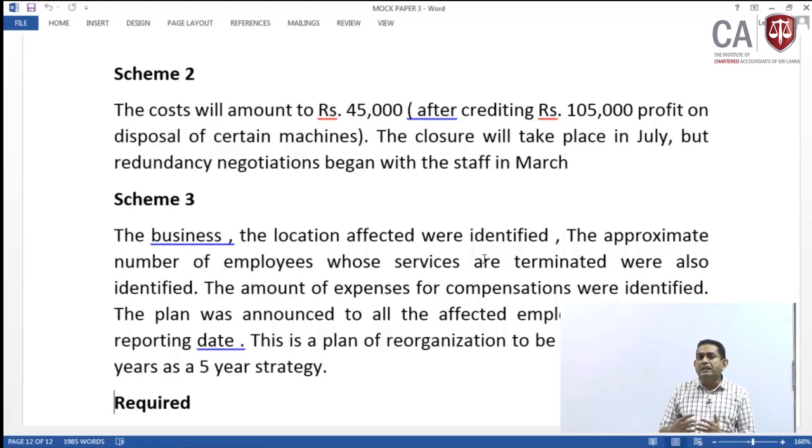So, there is a considerable time delay from the date of announcement right up to the date of implementation. Within 4 to 5 years, the plan can be significantly changed, the plan can be completely withdrawn, and as a result the employees cannot create a valid expectation that the entity will undertake to discharge their responsibility. So, what can happen over 5 years' time?